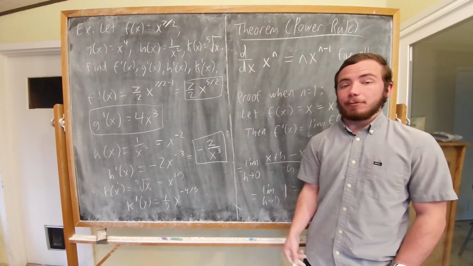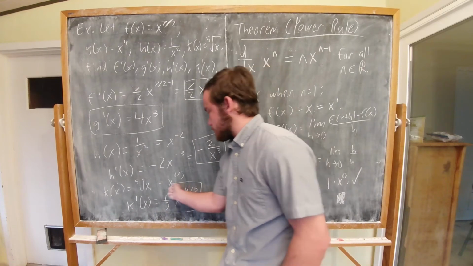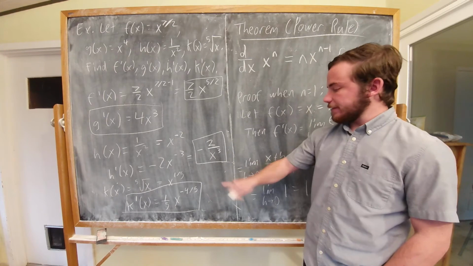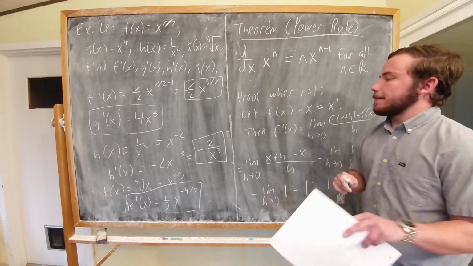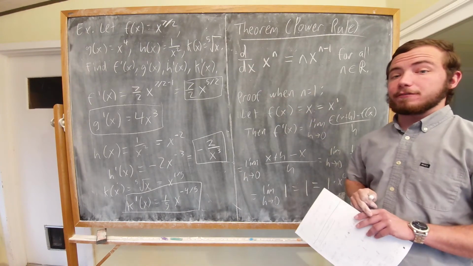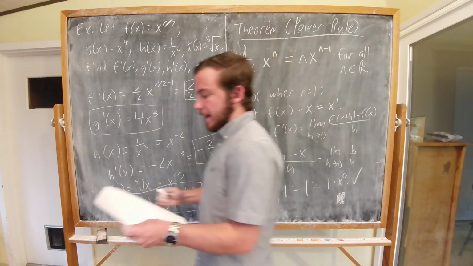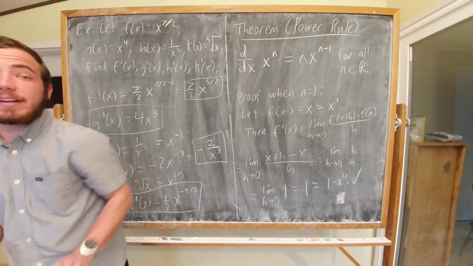And you could rewrite that with radicals if you wanted. Be the 1 over 5 times the 5th root of x to the 4th. Okay, yeah, so power rule, very helpful for computing derivatives. But we have a couple more rules that make things even nicer.